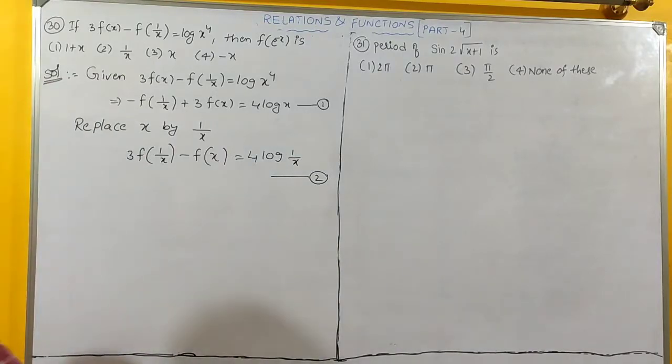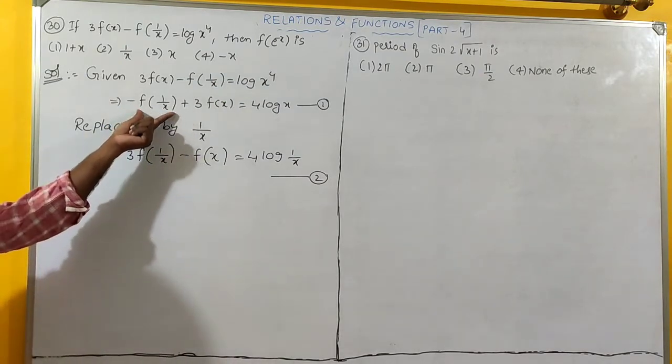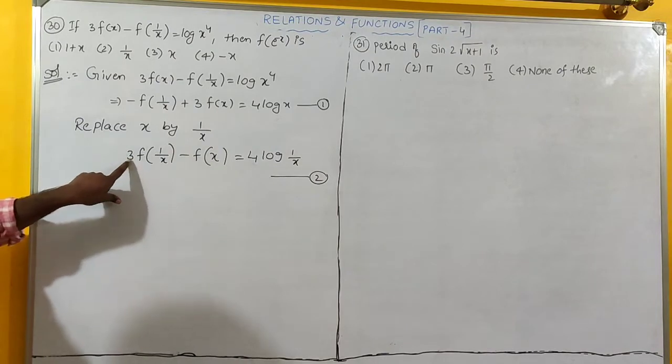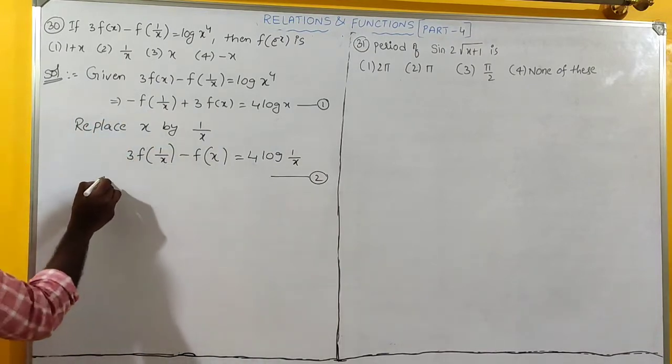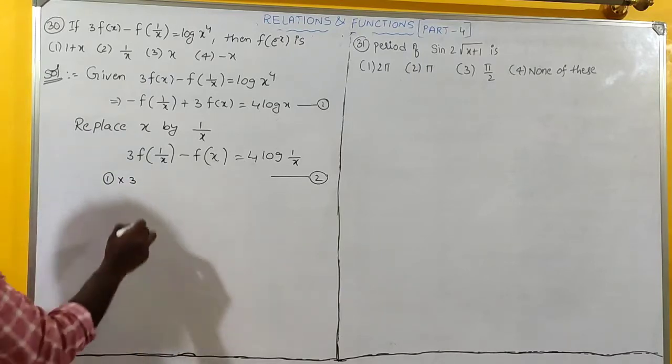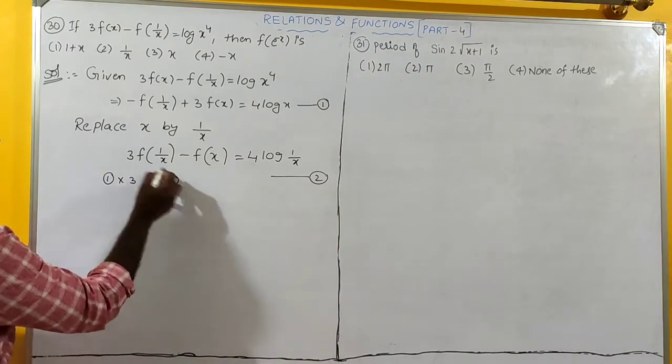But they have given f of e power minus x. You make it so these two terms should be cancelled. But directly we can't cancel. This is 3 times, it is 1 time. That's why first equation multiply with 3, plus second equation.